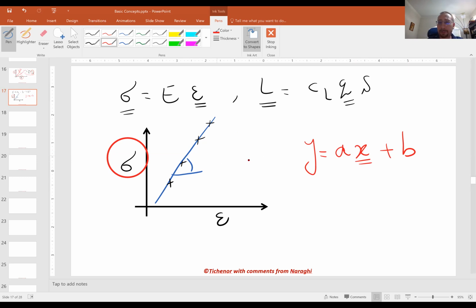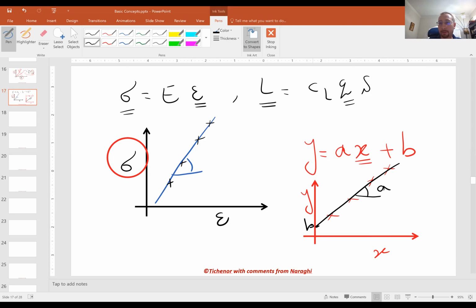And so the question we are asking is, if I change x and I measure y, and I give you these data points, how do you fit a line to this so that the slope of this line will be a and the intercept will be b?